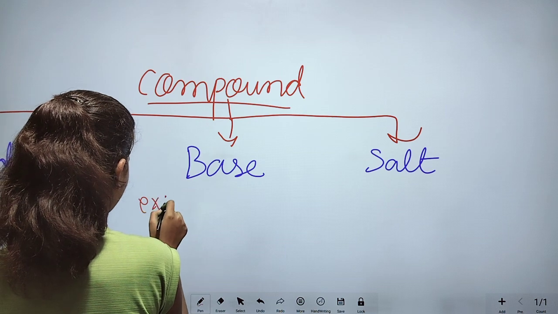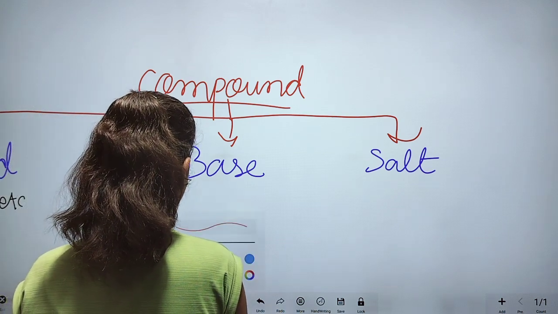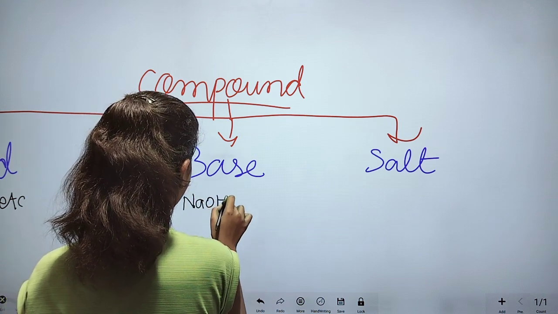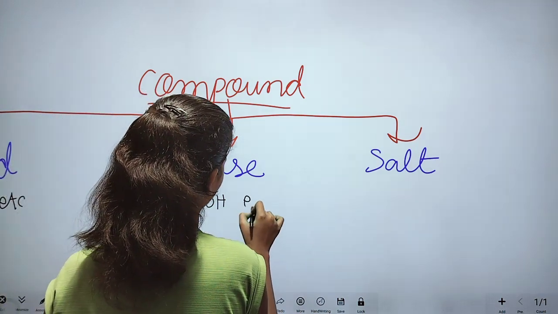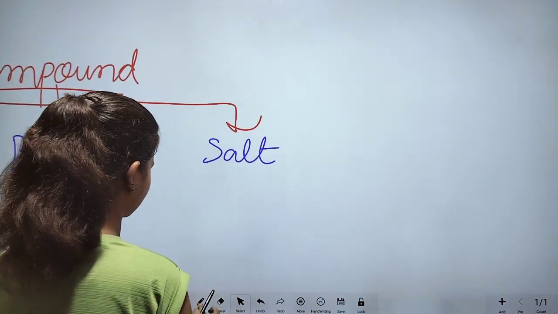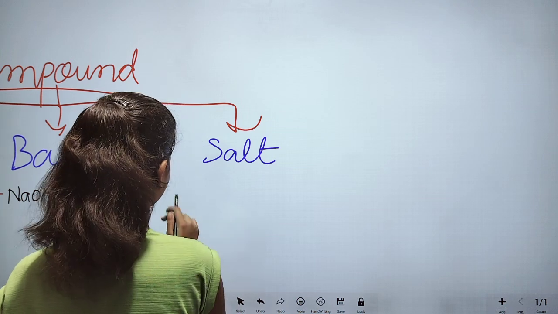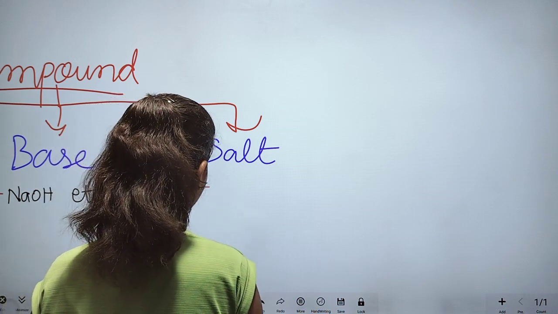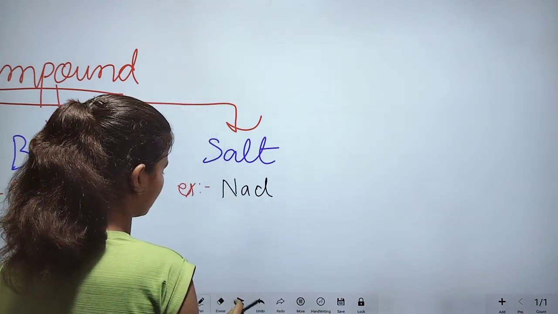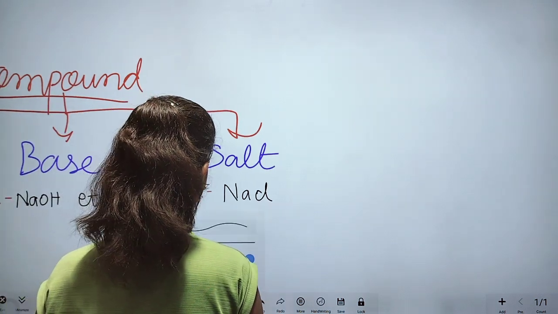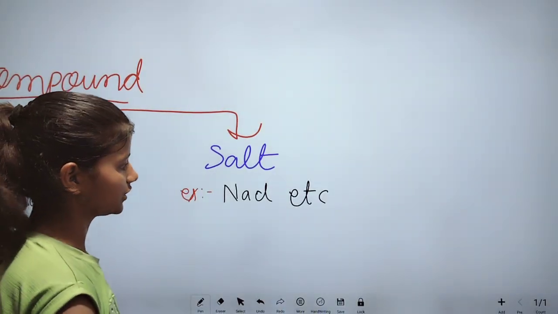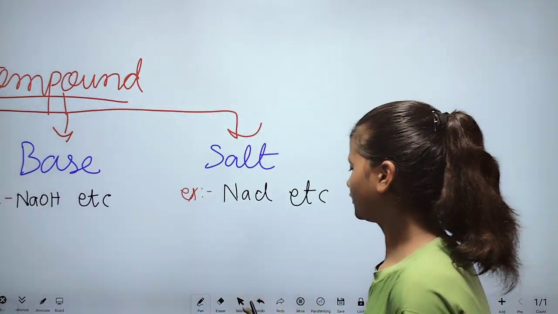That is NaOH, sodium hydroxide. And now let's see the example of salt. NaCl, sodium chloride. And there are many examples of salt.